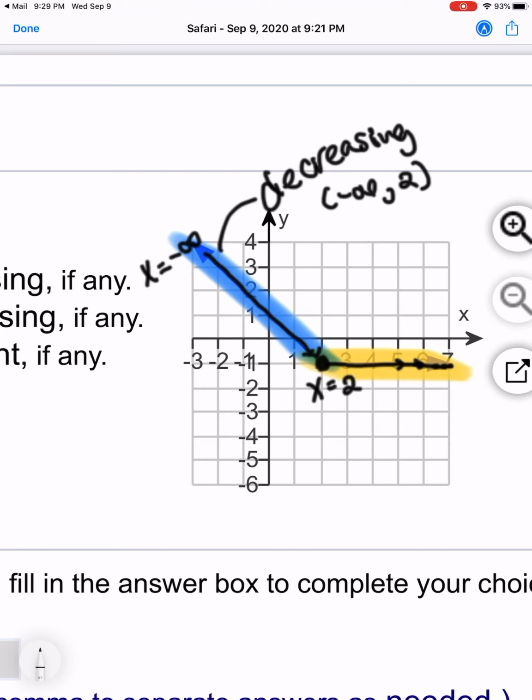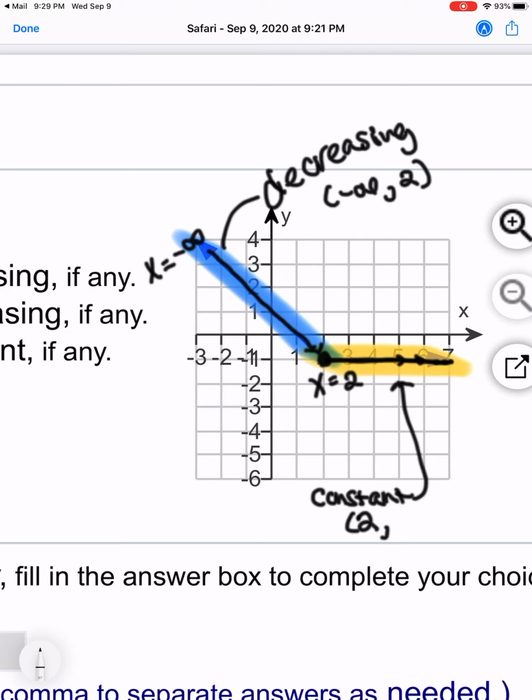So the function is constant here. So we're going to start constant at x equals 2. So we'll put down a 2. And we'll stay constant until the end of the graph.